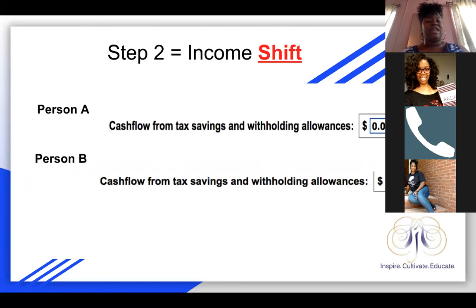When it comes to step 2, the income shifting is a cash flow from tax savings and withholding allowance. Again, person A decides not to take advantage of anything, and they don't income shift. Person B, which was me, took advantage of it, and I was able to income shift $340 back into my account. Okay?